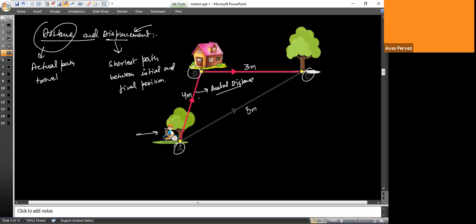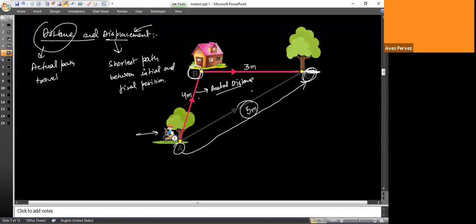If the person starts from position A, goes to B, and then reaches C, the displacement is the distance from A to C. Using the Pythagoras theorem and other mathematical calculations, it will be 5 meter.